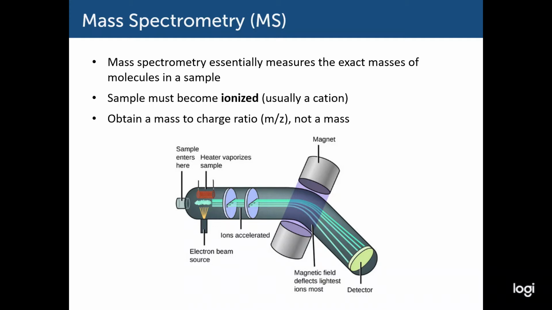But we also know that these charged particles, even though they're small, have momentum because they're moving. But the momentum is going to be dependent on the mass of the particle. Heavier particles will have more momentum and lighter particles will have less momentum. So if we think about what's going to happen when we go into this curved part of our tube sock, the heavier particles, their trajectories will be bent by the magnet, but by less because they have more momentum.